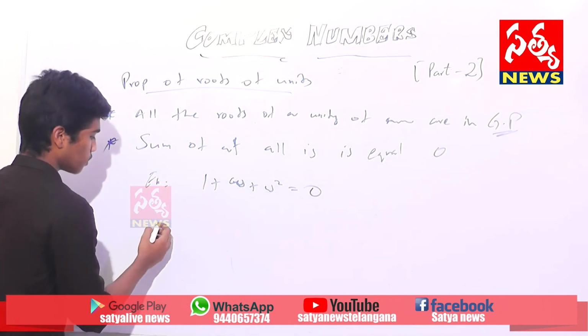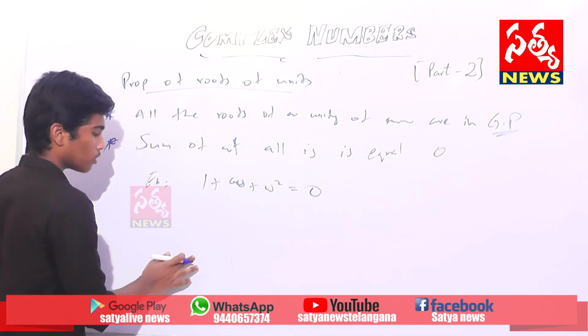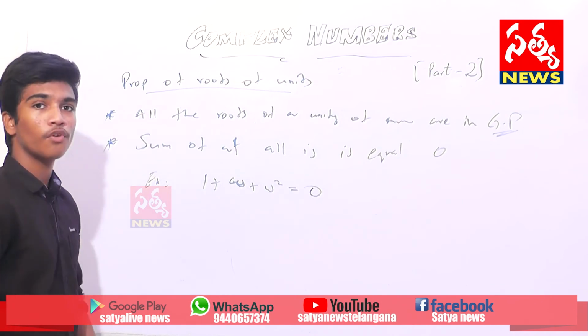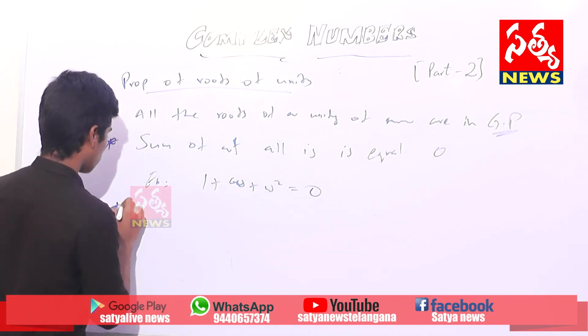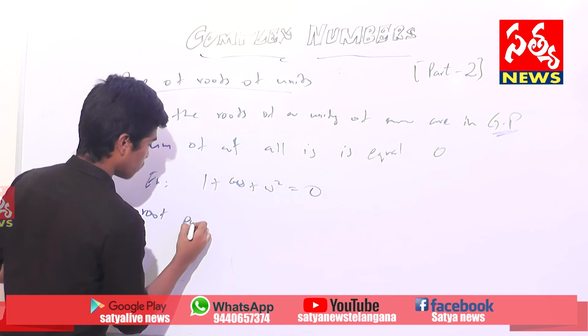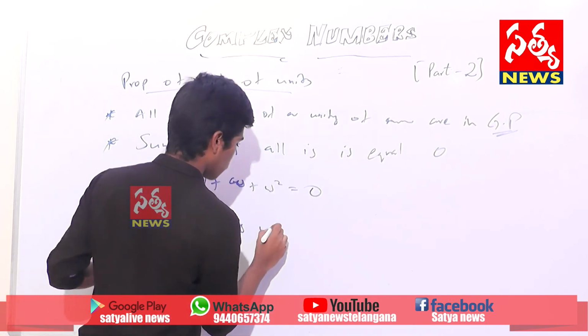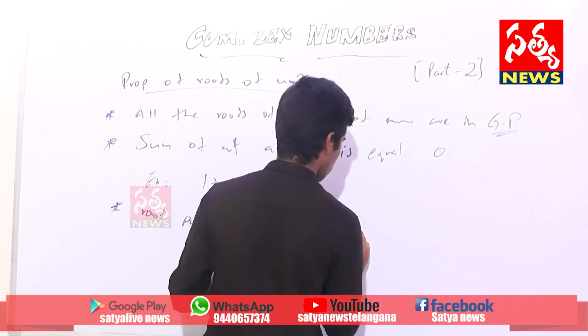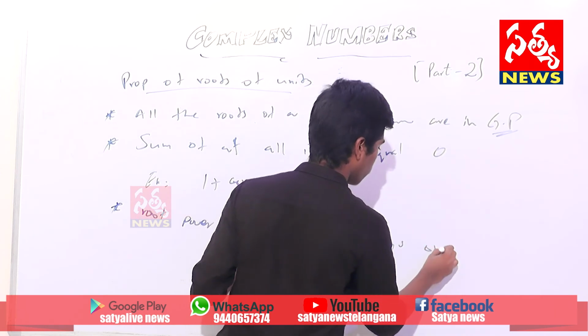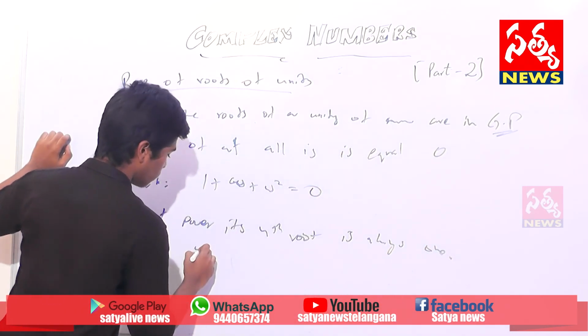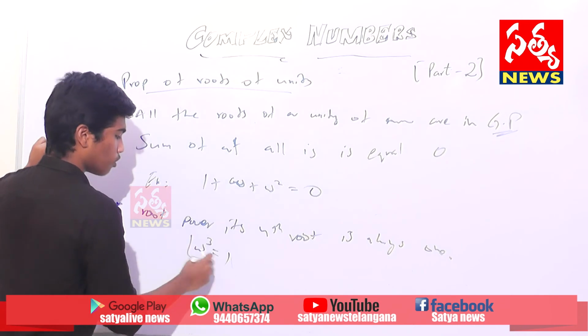And a root raised to the power n, its nth root of unity, is always 1. For example, omega cube is always 1.